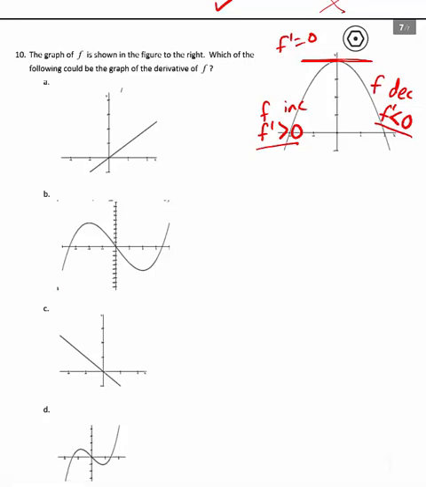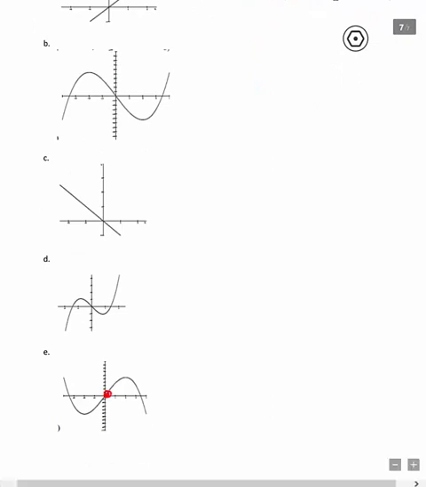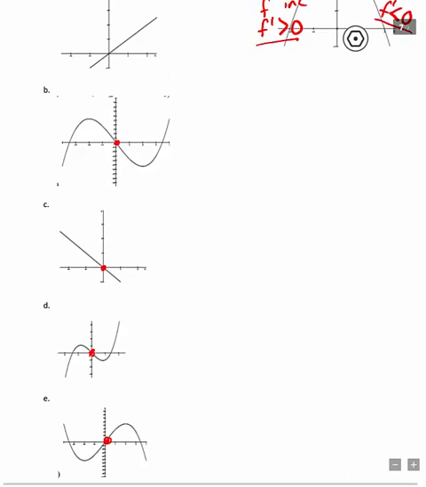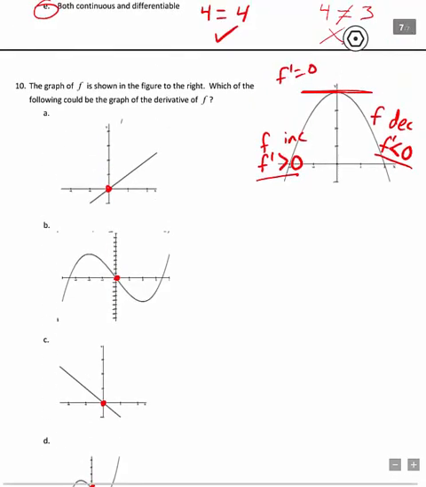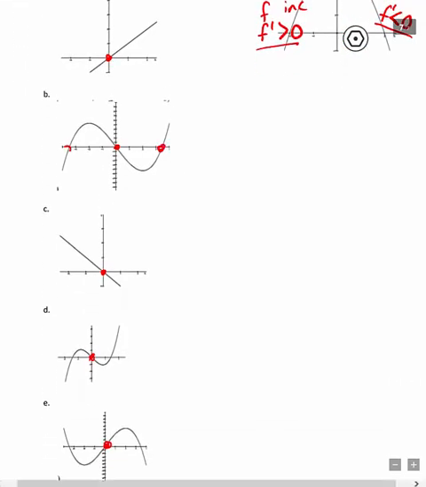So basically we have to check that every single one of these does have a 0 at 0. But if you look at this graph, that's the only critical point. That's the only time that the derivative is equal to 0. So if we see how part B has extra zeros, we can cross that out.